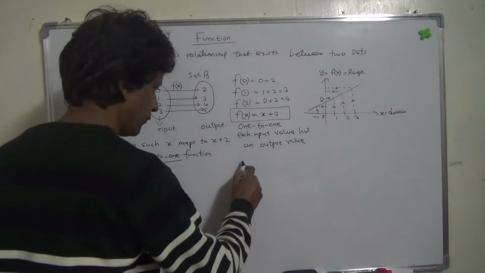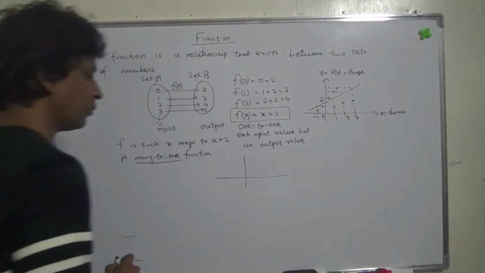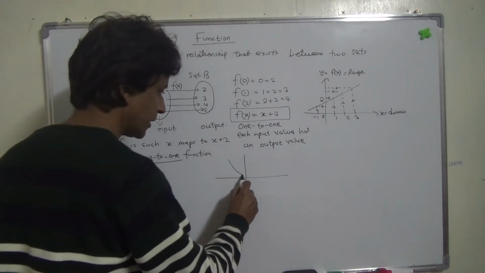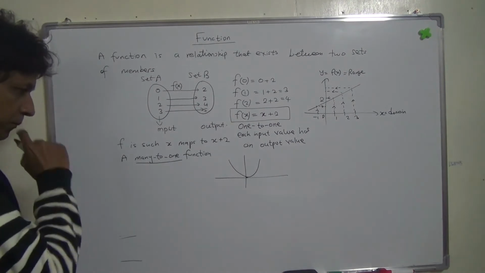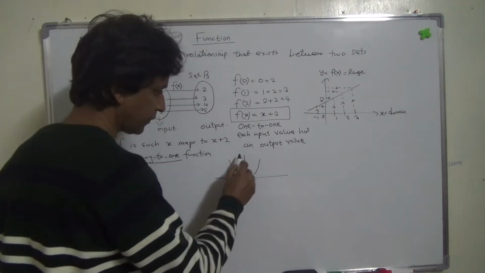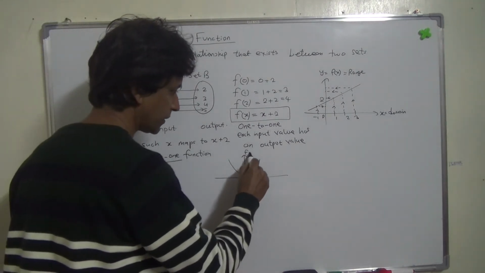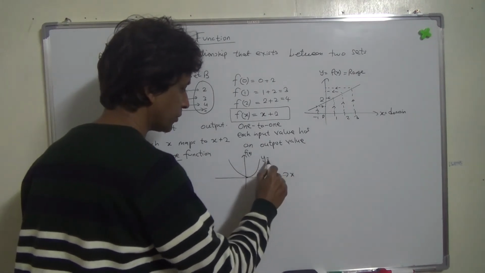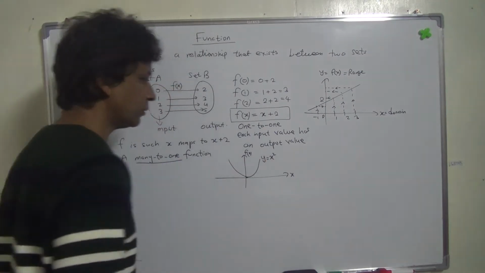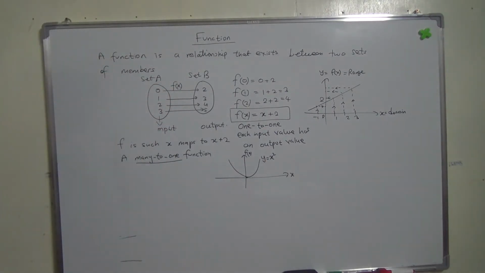To understand this more clearly, we can have a function like this. This is a quadratic curve, and this is f(x), and this is x. Maybe this is y is equal to, let's say, x squared, to put it as simply as possible.